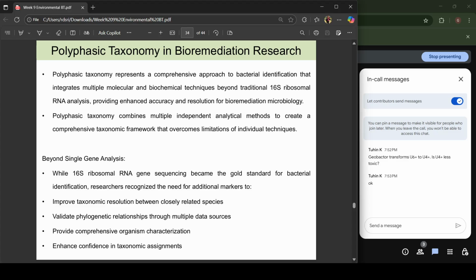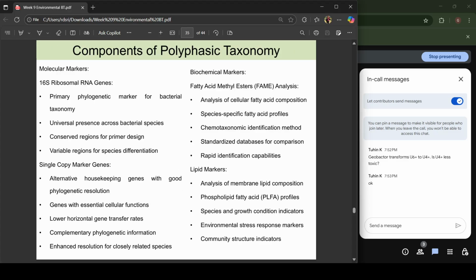Similarly, we perform multiple analyses where the data of one backs up the other data, and we can come to a comprehensive conclusion from all the data that is available. And this is beyond single gene analysis, and this is again repetitive from all the previous slides that we have discussed. So the components of polyphasic taxonomy include molecular markers and biochemical markers.